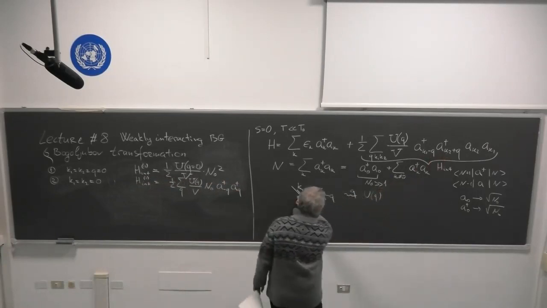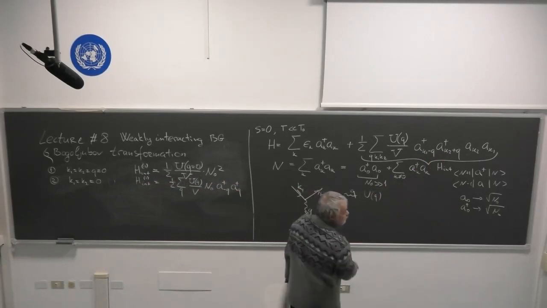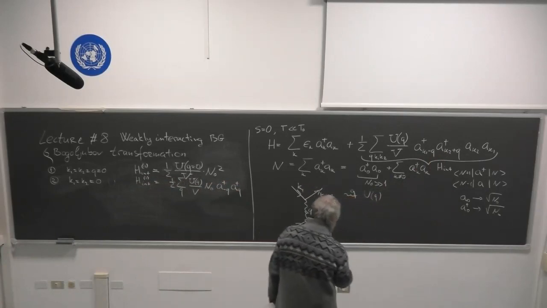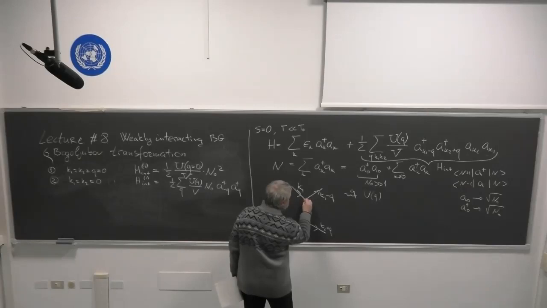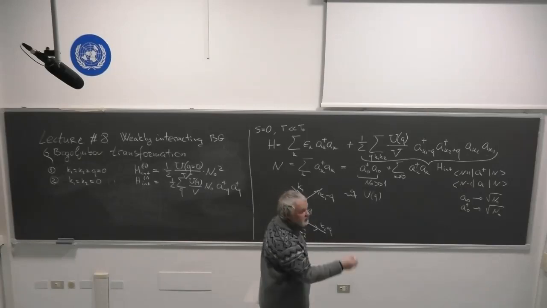Clearly, if I put 3 momentum equal to 0, I will automatically get fourth momentum equal to 0. This comes from the conservation. So this diagram, by the way, respects conservation of the momentum in each point and conservation of energy.